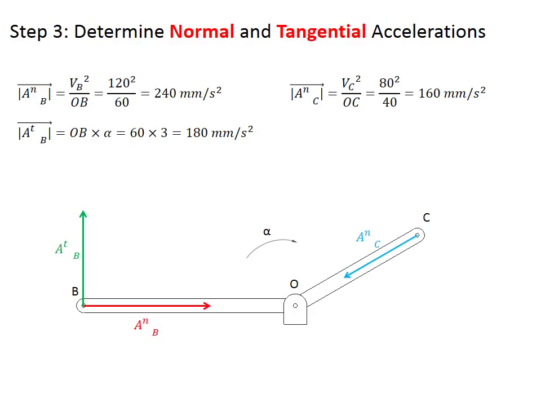And the direction of that is from the point C toward the center of the rotation O. And the tangential acceleration is OC times alpha, which is 40 times 3 radian per square second. It's going to be 120 millimeter per square second. The direction of the acceleration is toward the direction of the angular acceleration, and it's going to be perpendicular to the OC.